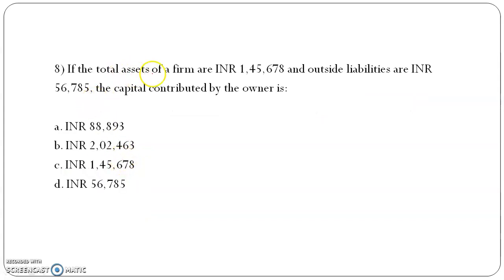Next question, if the total assets of a firm are 1,45,678 and outside liabilities are rupees 56,785, capital contributed by the owner. So what do you know? What is the correct formula for that? You know all assets are what? Capital plus liabilities. So here we have what? Total assets is there.